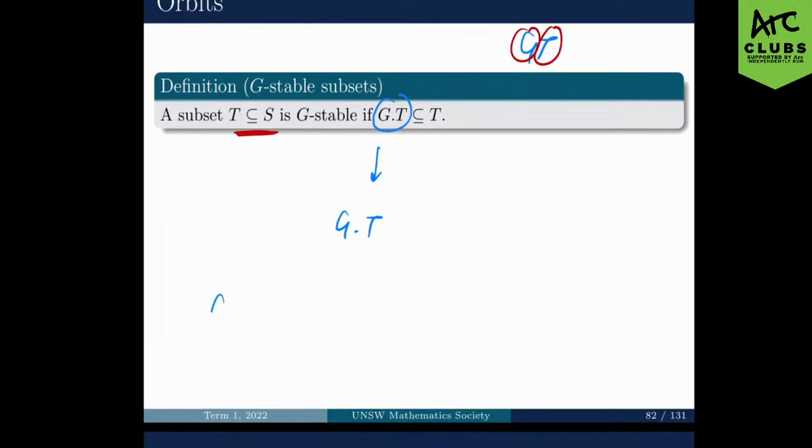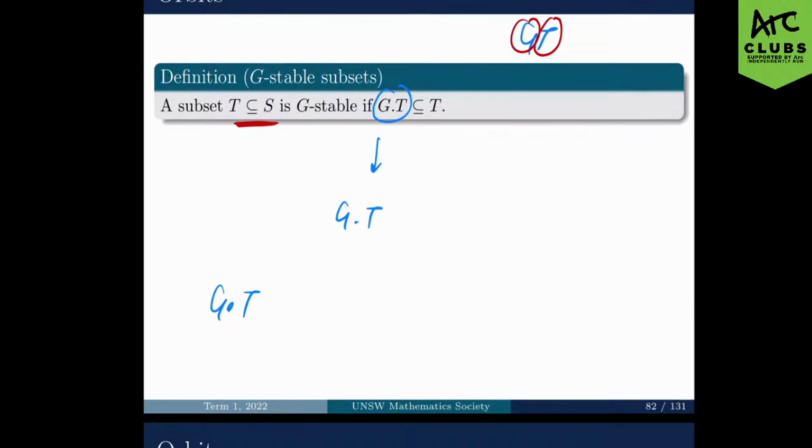A G-stable subset, a subset T of S, is called G-stable if, when you take G dot T, okay, so what is this? We've seen GT before, that's all the options you can get from multiplying elements of G and T together. Well, what G dot T would be is all the possible elements you can get from having an element of G act on an element of T. Right, so what this is saying is that if you take all the elements of G and you make them act on T, you don't get any new elements.